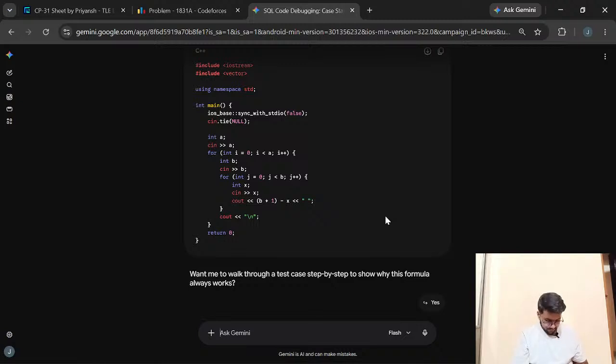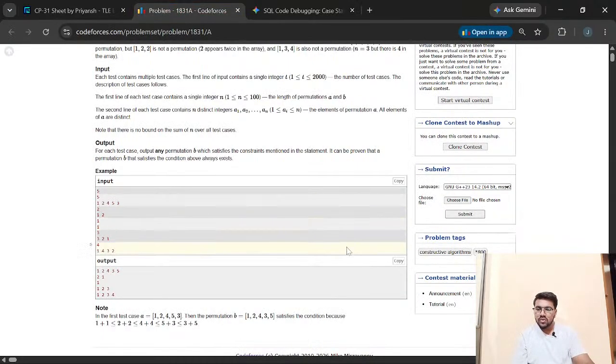Array, yes. 66666. I will try this to the last one. 1432. 4, right? 4 plus 1 minus x. 5 minus 1 is 4.